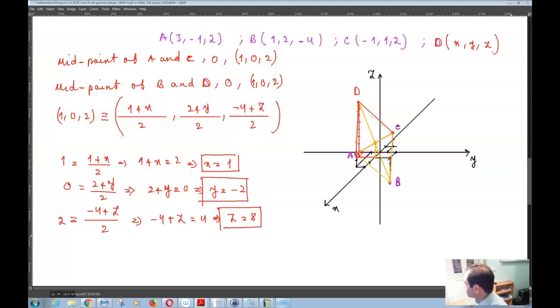Okay, so that was number 1. Now number 2 is to find the lengths of the medians of the triangle with these 3 vertices. The vertices are A (0, 0, 6), B (0, 4, 0), and C (6, 0, 0).